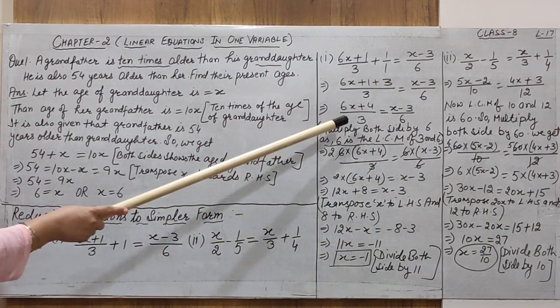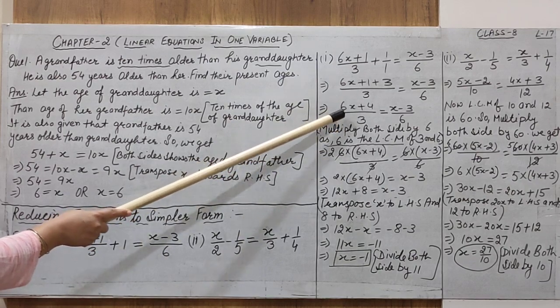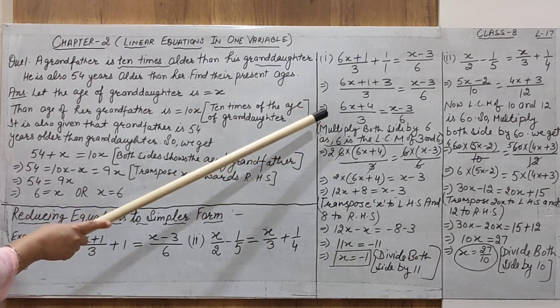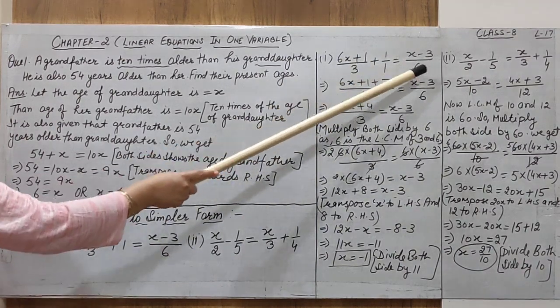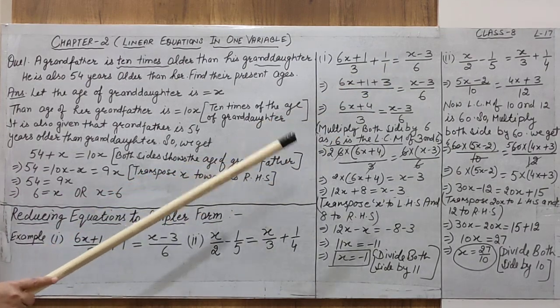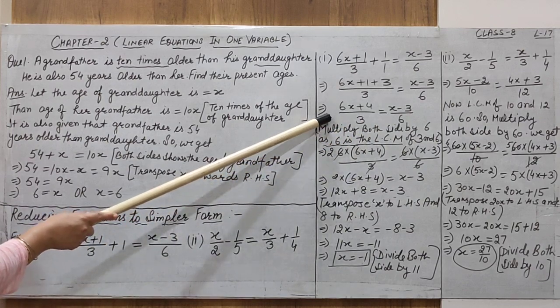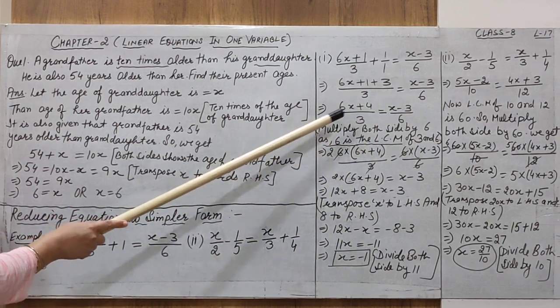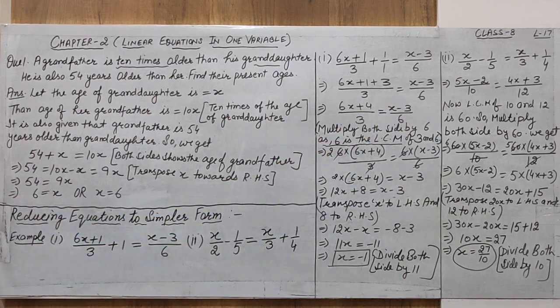Now there is only one numerator and one denominator, that is 6x plus 4 divided by 3. Next, the right hand side. It is already solved, that is there is only one numerator and one denominator. So there is no need to further solve. So the left hand side is 6x plus 4 divided by 3. The right hand side is x minus 3 divided by 6.